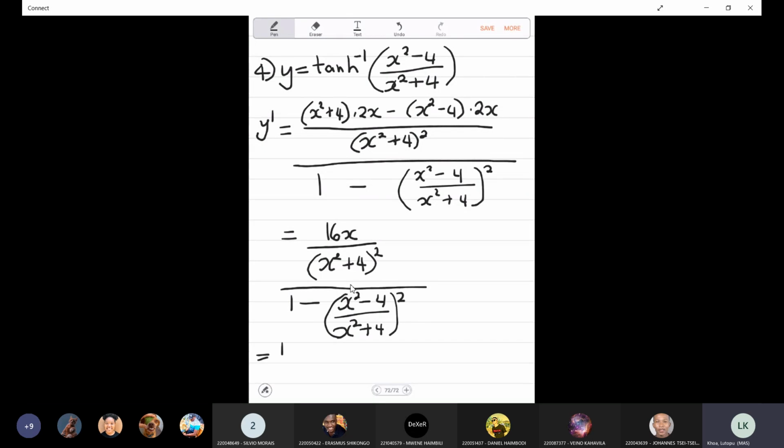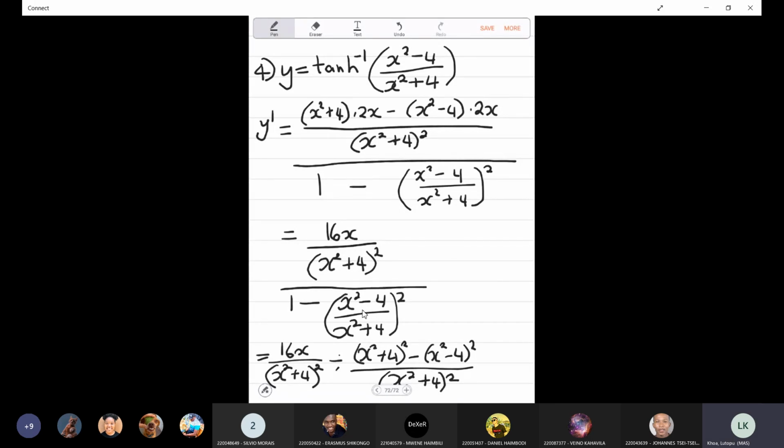So we just have 16x over x squared plus 4 divided by, first you combine them, you write it as x squared plus 4 squared minus x squared minus 4 squared over x squared plus 4 squared.